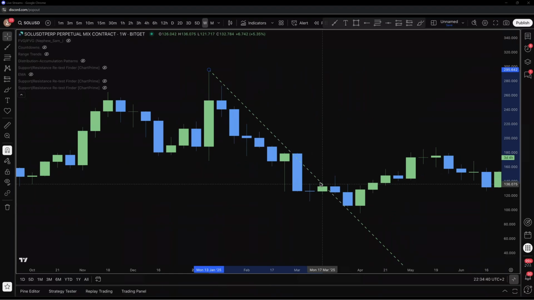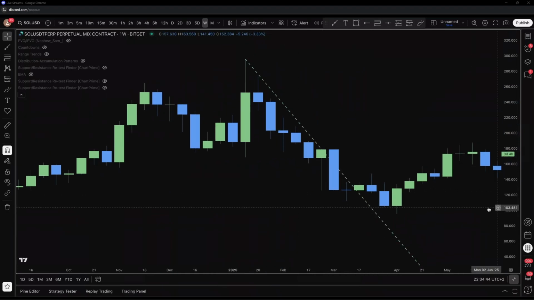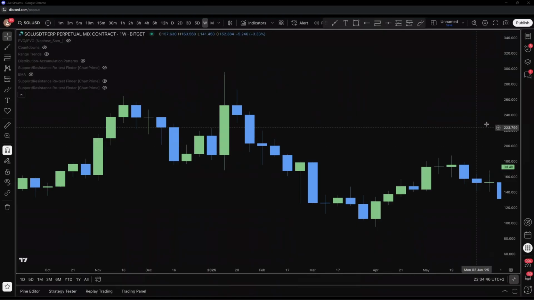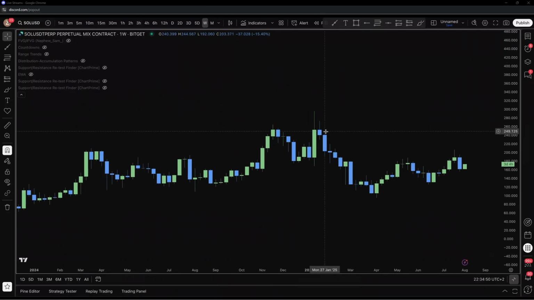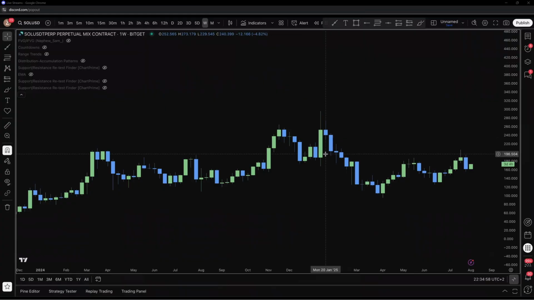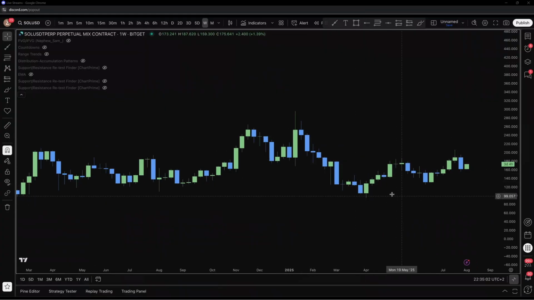But to be a range trend anyway, you would need 2 accumulation candles, and this is only 1, right? So this is just a normal trend or array, not a range trend. This would just be drawing a normal trend, and then obviously the range trends are just the two range candles.